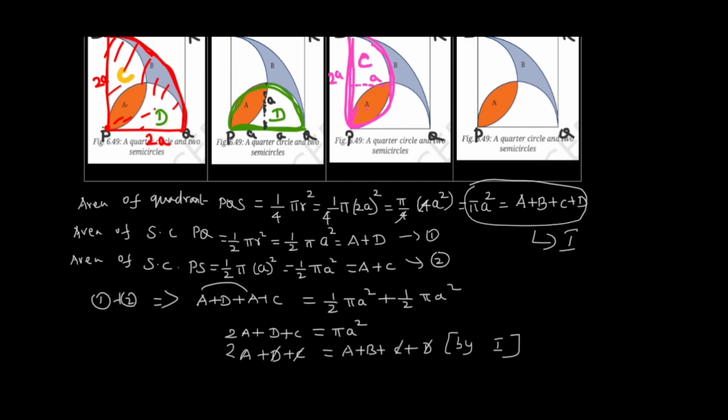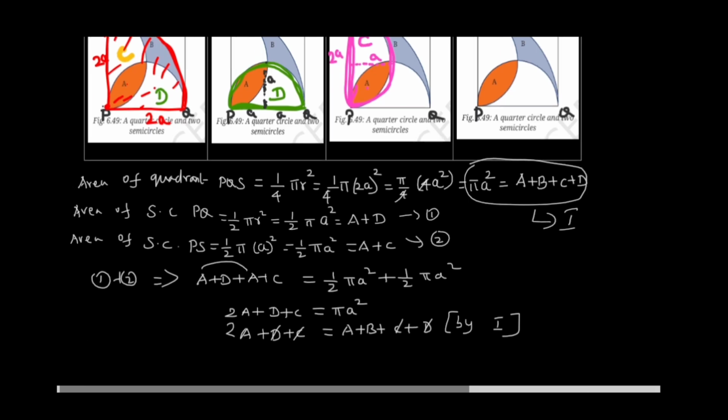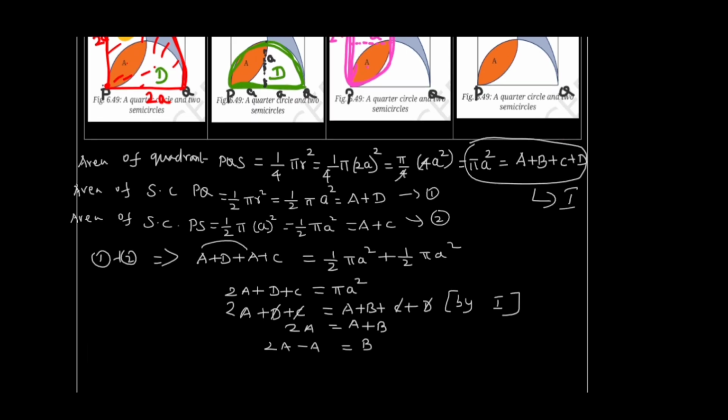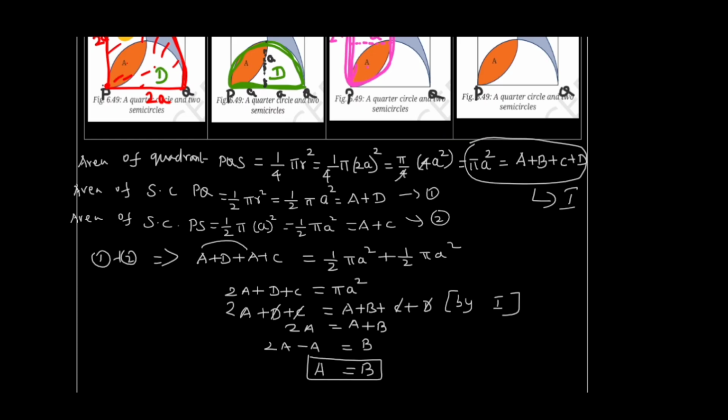Remaining, 2A is equal to A plus B. Transposing A from the left side to the right side, 2A minus A is equal to B. 2A minus A is A, so we get A is equal to B. So both the shaded areas are equal: A is equal to B.